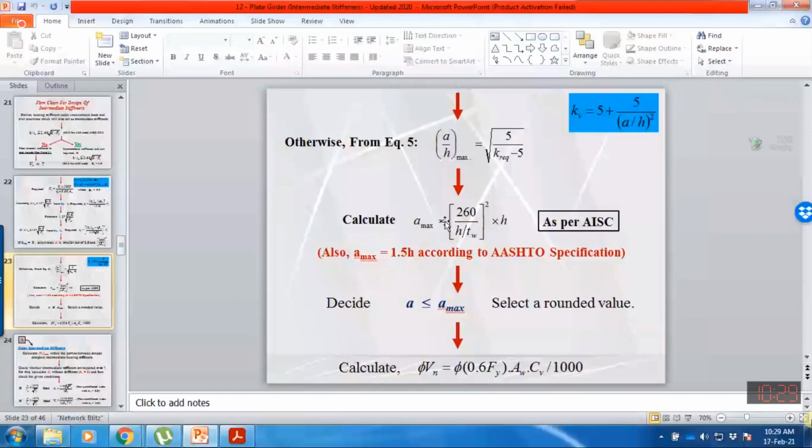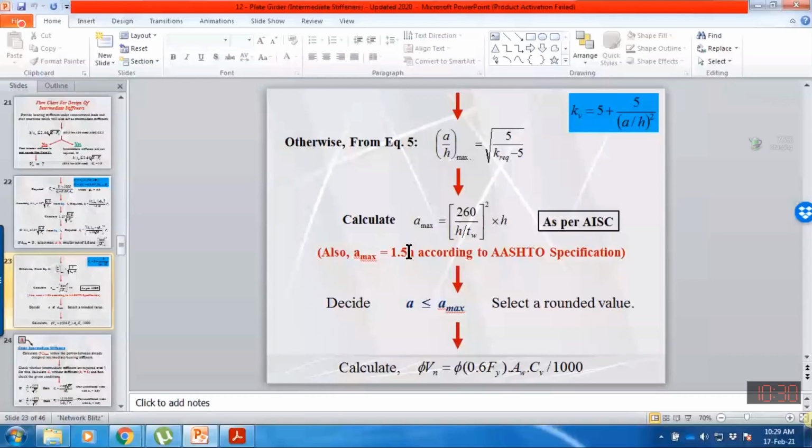Actually, for the first intermediate stiffener, because we provide many intermediate stiffeners, the first stiffener is provided at a close spacing to the bearing stiffener. So for the first intermediate stiffener, AASHTO says that spacing of stiffener should not be more than 1.5 H. And AISC says that spacing of stiffener should not be more than this parameter.